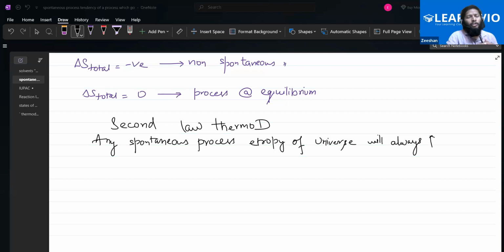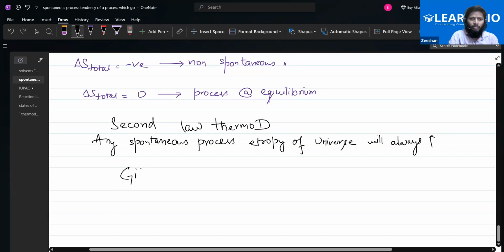Now we will introduce a new term, Gibbs free energy. It is named after a scientist named Gibbs.